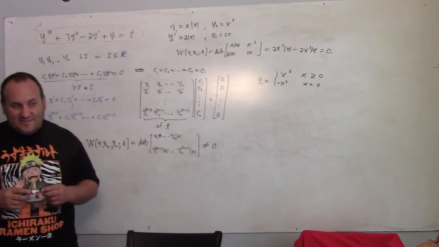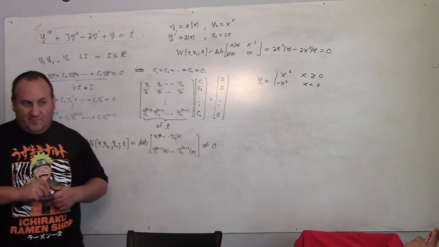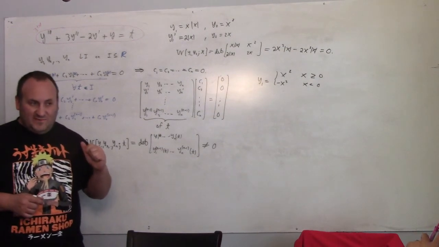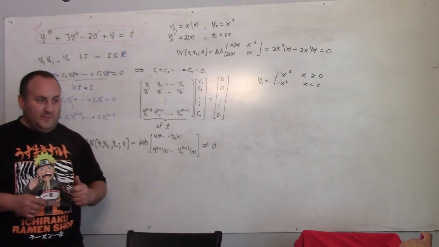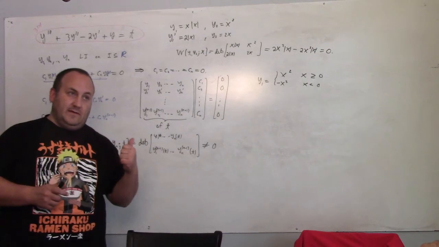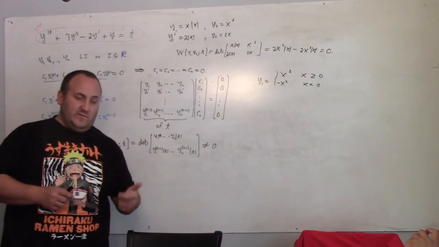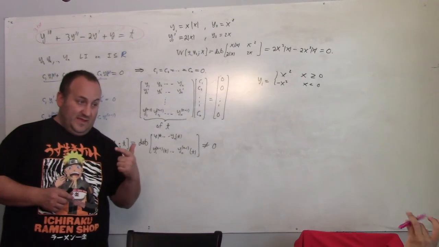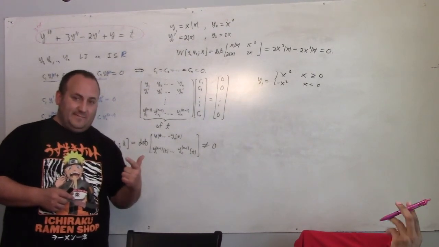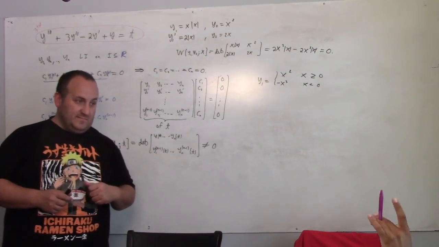However, in the context of solution sets to differential equations, if the Wronskian of n functions is 0 for the solution set of an nth order differential equation, then that proves linear dependence.